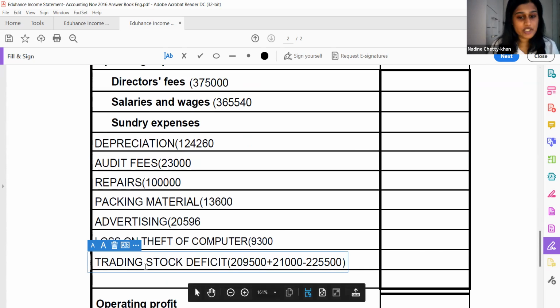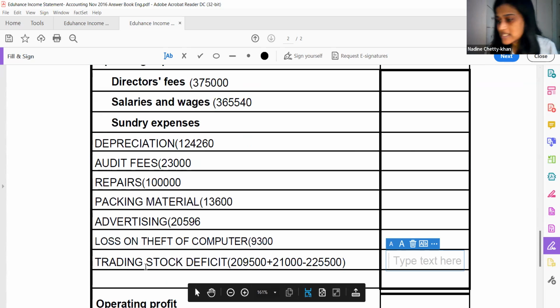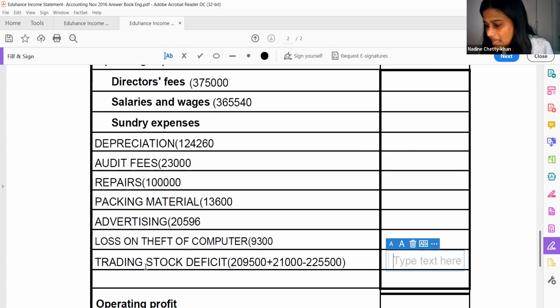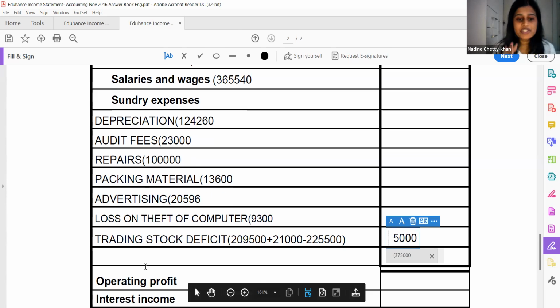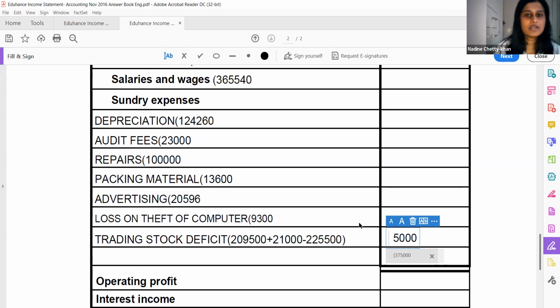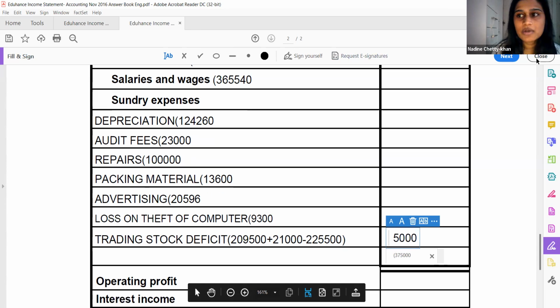And I'm going to finish step 2 and put the answer in step 3 because it's a final transaction. And that amount will give me 5,000 Rand. Now, how do you know it's a trading stock deficit? Is because of the amount, and this is sort of the rule you need to follow. Let me just put it here.